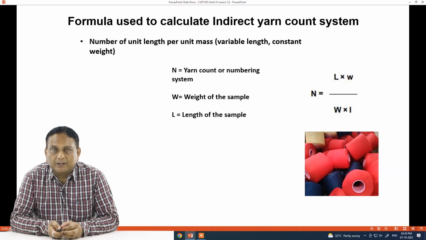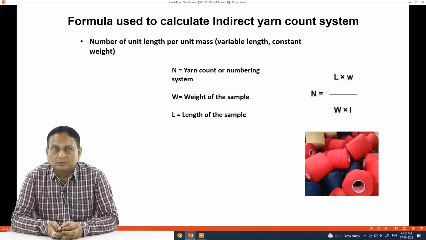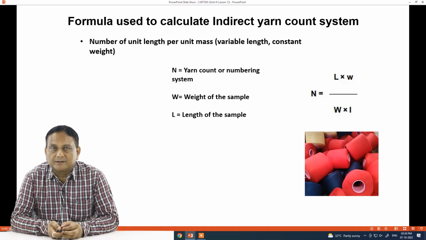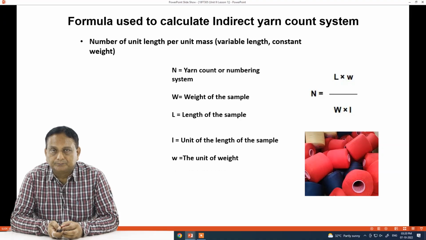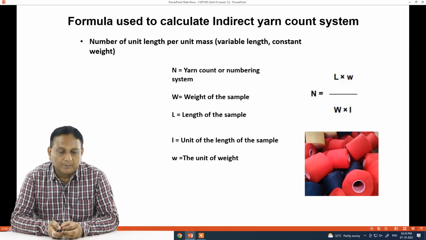In this formula, N is equal to the yarn count or numbering system, W is equal to the weight of the sample, and length is expressed by L. Small l is equal to the unit of length of the sample and small w is equal to the unit of weight. That is the way this indirect yarn count system goes.